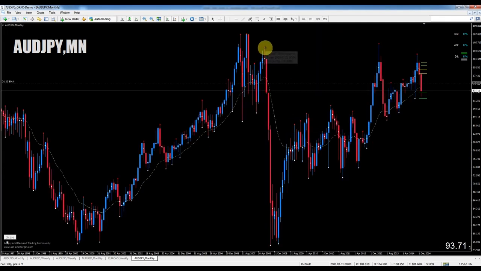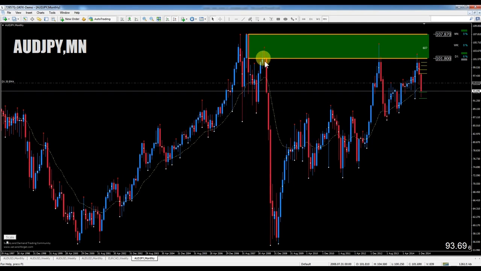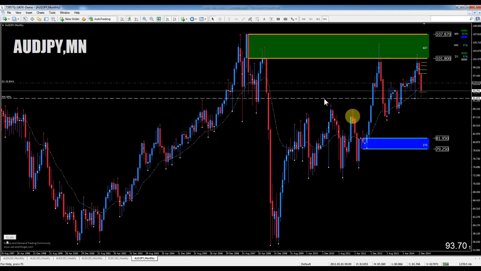We've got a monthly area of supply that has been offshot, but there was another area up there, level on top of level, and price reacted to the monthly area of supply. Here we've got another area over there, and all that. On the monthly, this removed that area. So let's take a look at this.